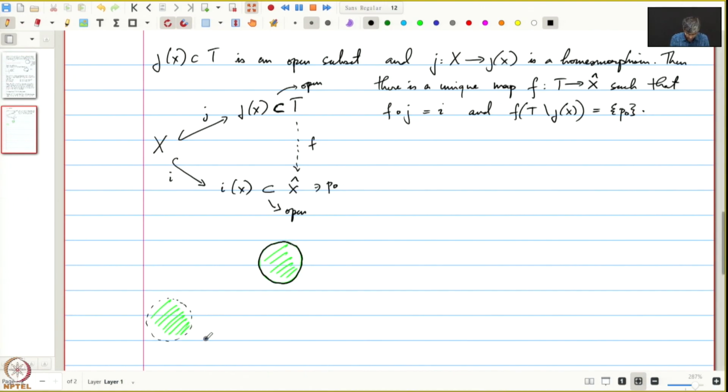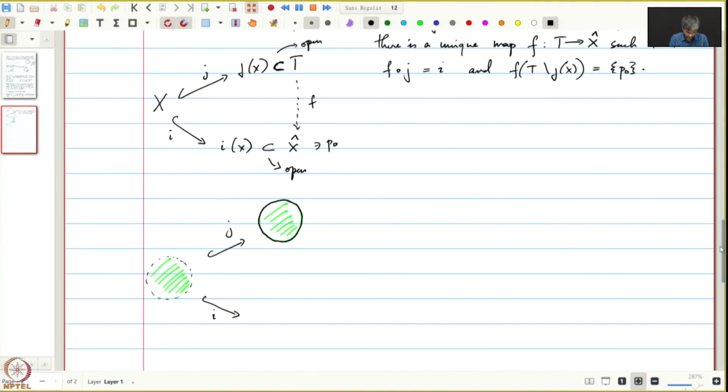On the other hand, the one point compactification, this is J, this is I. The one point compactification looks like, I have to add a point at infinity, so it will look something like this. So, this point is P0, right. So, what is F doing? F is collapsing all of the boundary.